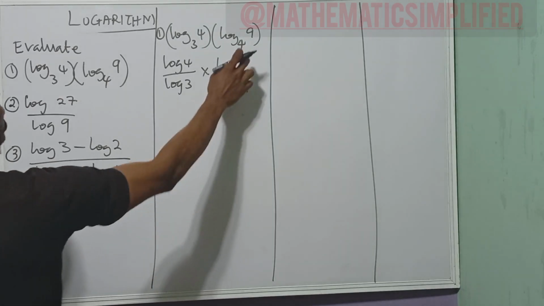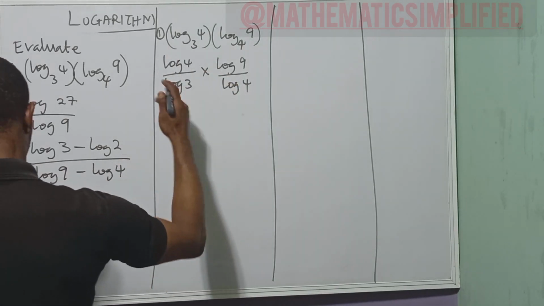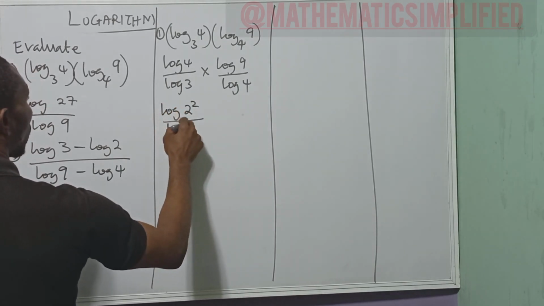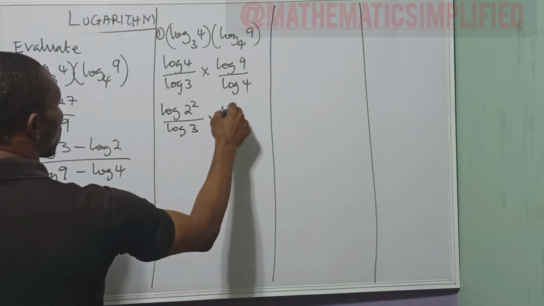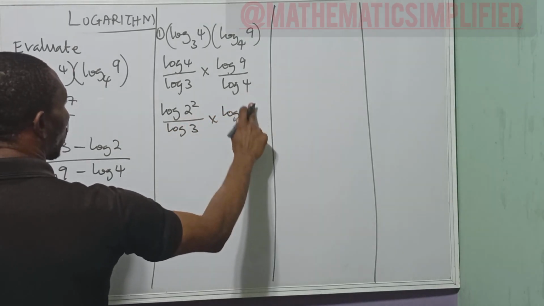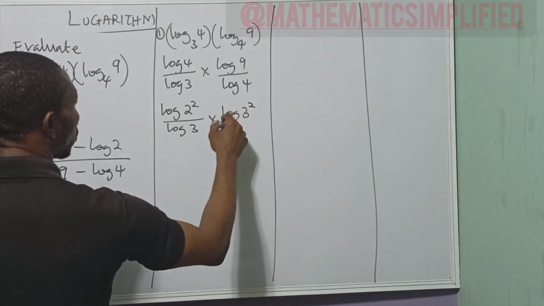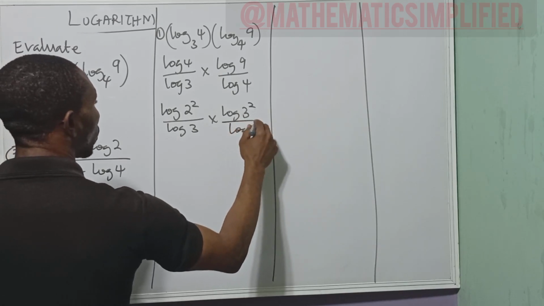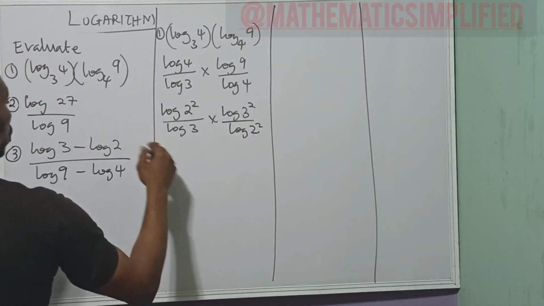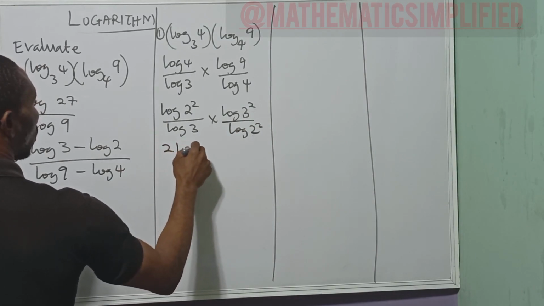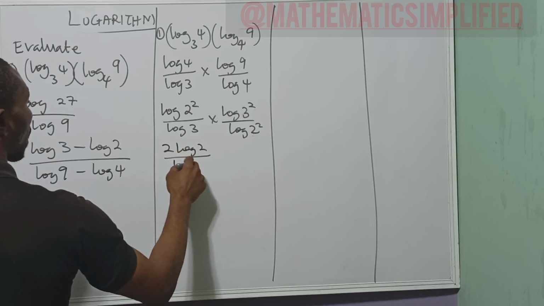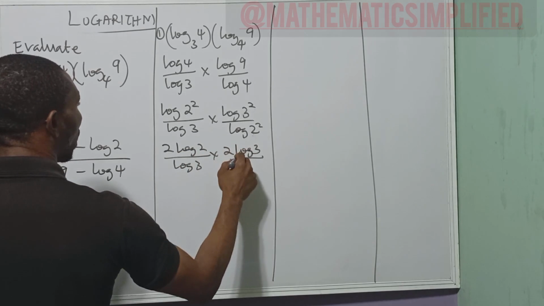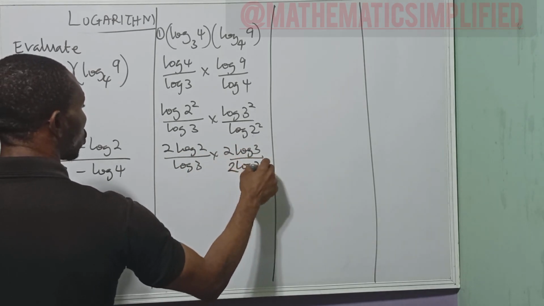Okay, so we can now break this down. This becomes log 2 squared over log 3 times log 3 squared over log 2 squared, which is 2 log 2 over log 3 times 2 log 3 over 2 log 2.